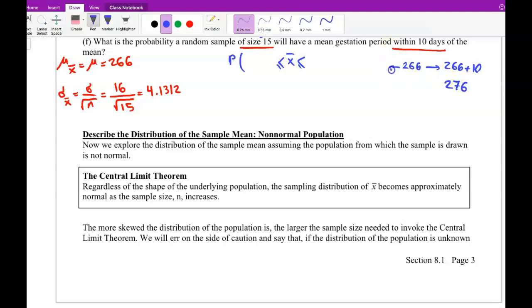On this side, 266 minus 10, so here is 256. So I'm using 256 and 276.